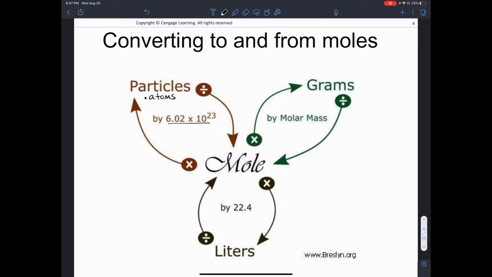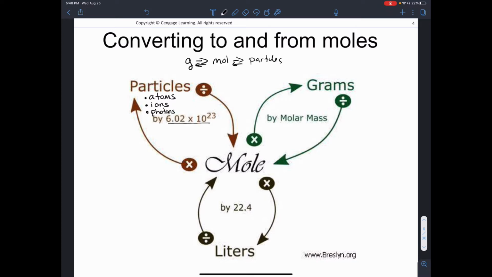But particles can also include other things like ions, right? So those are atoms that have either gained or lost electrons and they now have a charge. Or particles could also include things like photons. When we learn more about packets of light energy called photons, we'll also be able to group those into the groupings known as the mole.